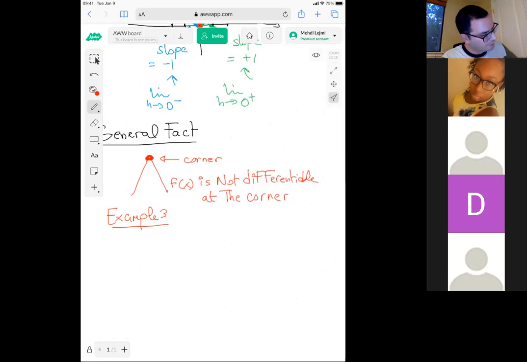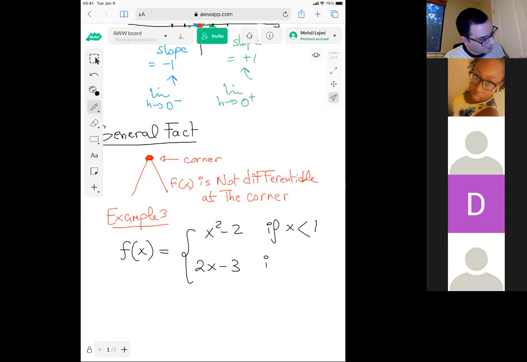Well, I think it was, please correct me if I'm mistaken. So f of x is, let's say, I think it's x squared minus 2 if x is less than 1, and 2x minus 3 if x is larger or equal to 1, right? Yes.